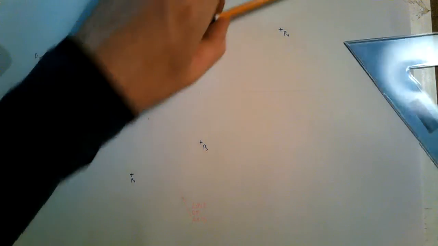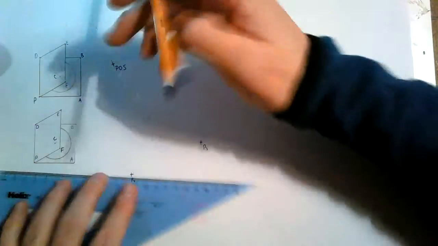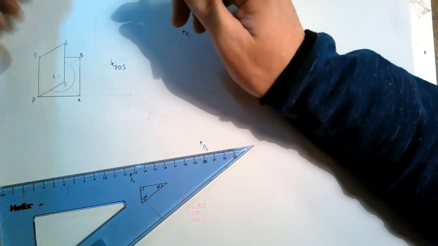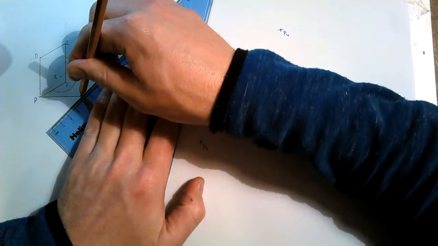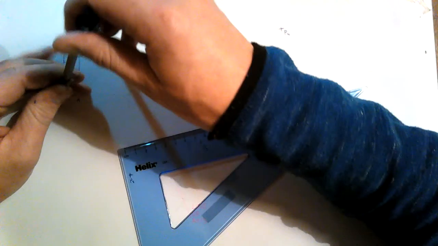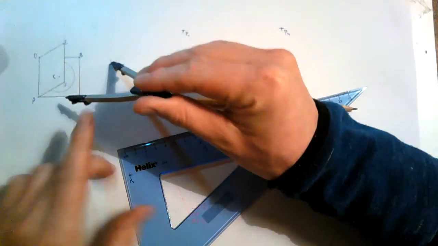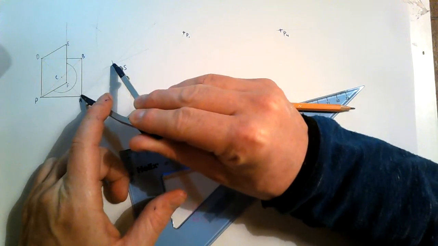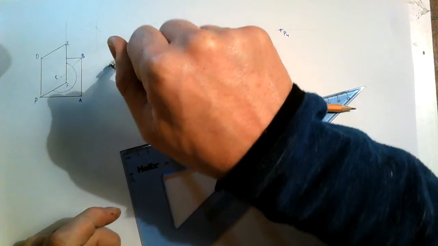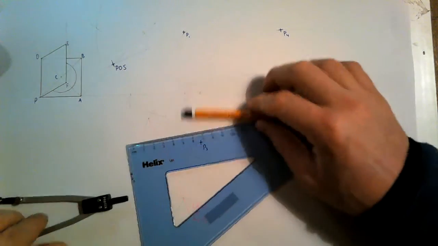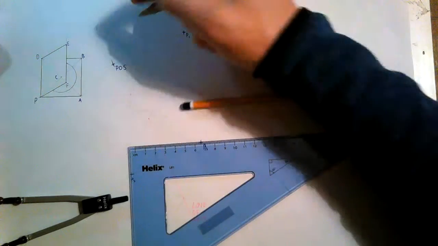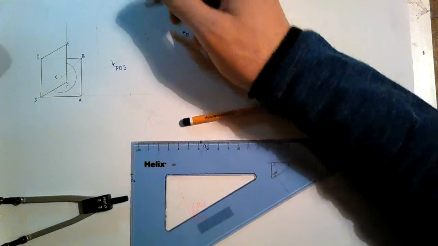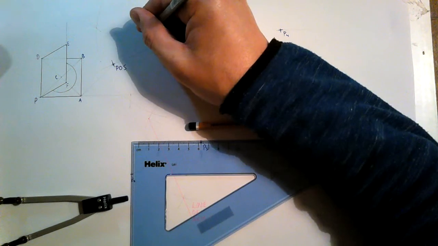Right, so I'm going to start bringing those points through now. I already have P1. Okay, so P goes to A, so I'm going to bring over A. It's a good idea to mark them off and label them as you go. I'm going to go green with this one. Okay, so that is A1.